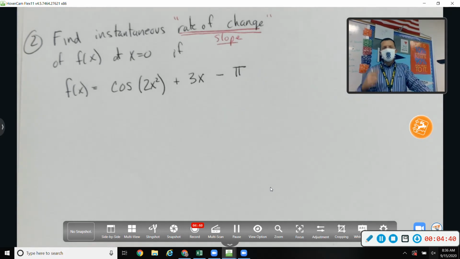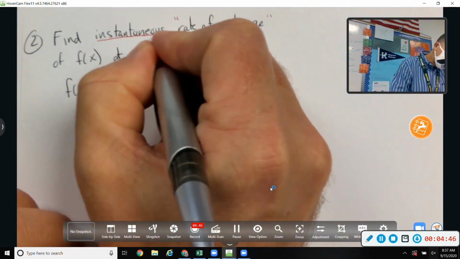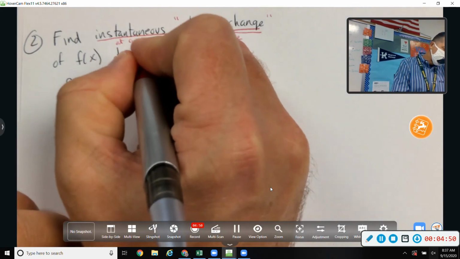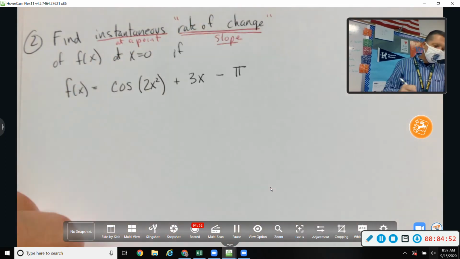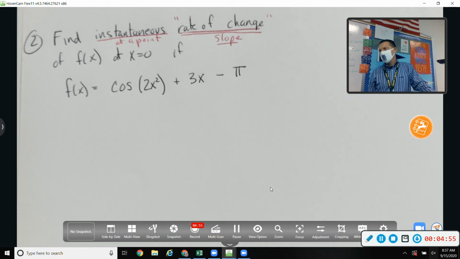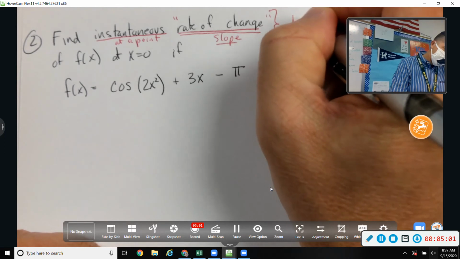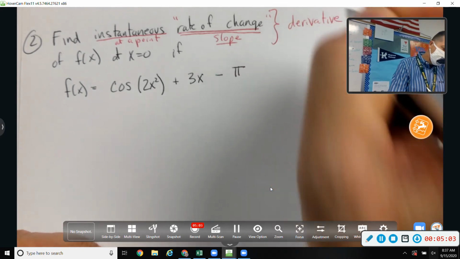Just lock that into your brain that rate of change means slope. And in here, slope usually means derivative, especially if we're talking about instantaneous. So that would mean like at a point. At one point, we're not really allowed to use the slope formula because you need 2 points for that. You've got to use your calculus slope, which means derivative.